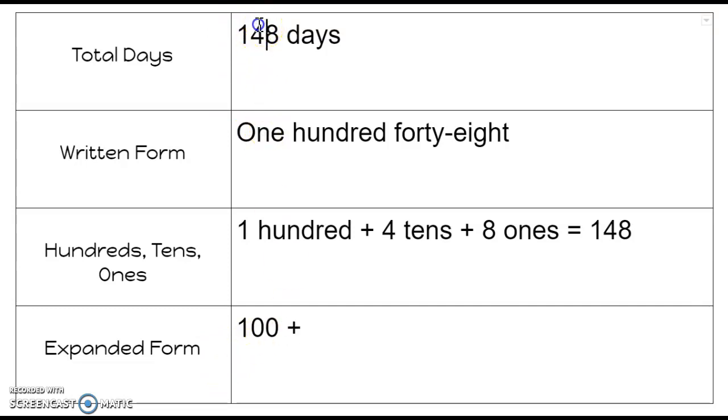How many are in the tens place? 4. And we know that equals 40, because it's 4 tens: 10, 20, 30, 40. And how many ones? There's 8. 148. Great job.